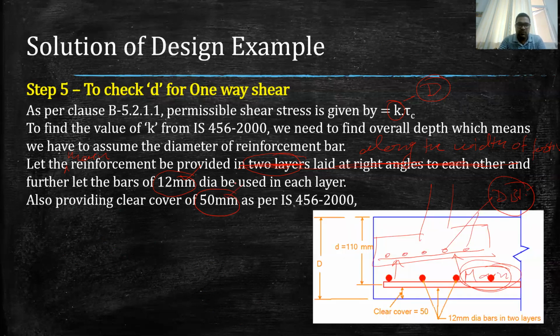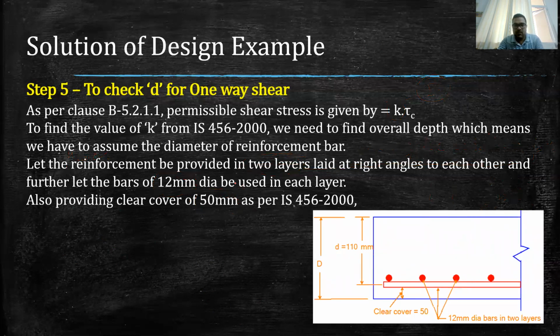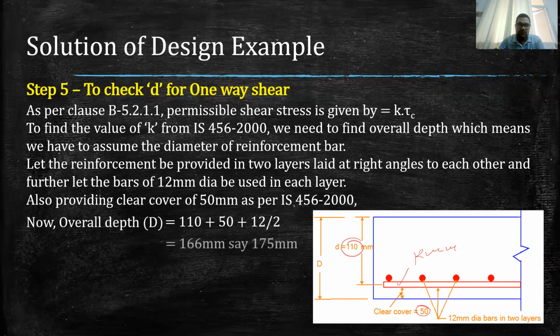So now we can work out the depth. So depth will be 110 plus the bottom bar will be of 12 mm, which is the main reinforcement, and the clear cover, which is 50. So the total depth will be here 166.